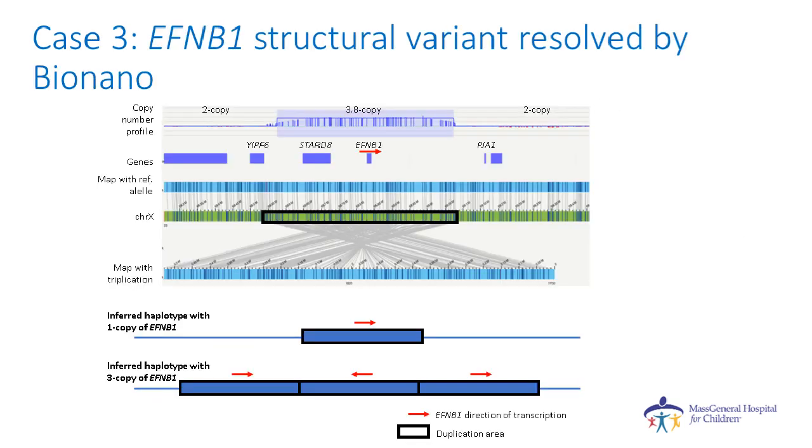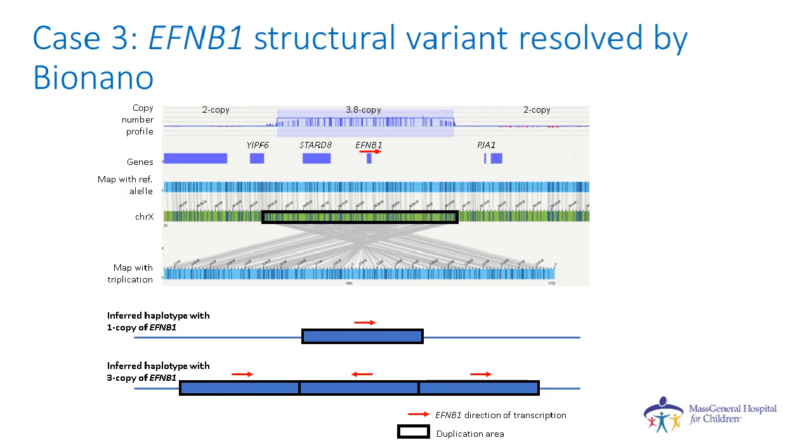So we wanted to study this rearrangement in more detail. What was quite interesting is when we used Bionano to study an individual from this family, we see, if we look at the copy number profile at the top in lavender, that there's a copy number gain here, but it appears to not only be a duplication, but actually a triplication. You can see a copy number of 3.8 on average in that call.